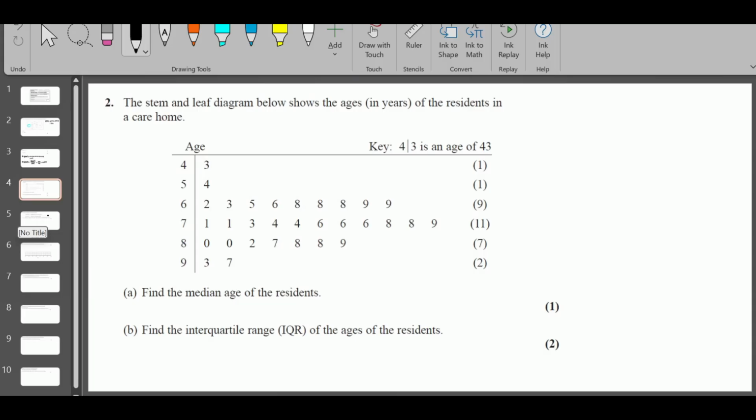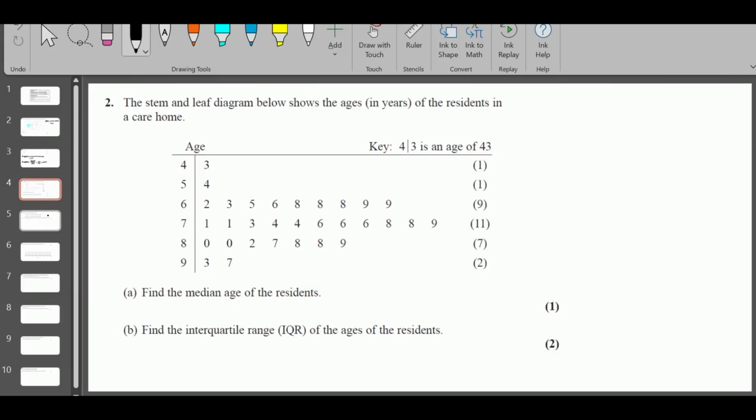Find the median age of residents. Usually they will mention the total entry here. If it's not mentioned, sum up this whole thing: 1, 2, 2 plus 9 is 11, 11 plus 11 is 22, 22 plus 7 is 29, plus 2 is 31.